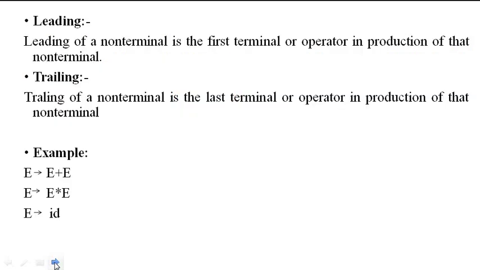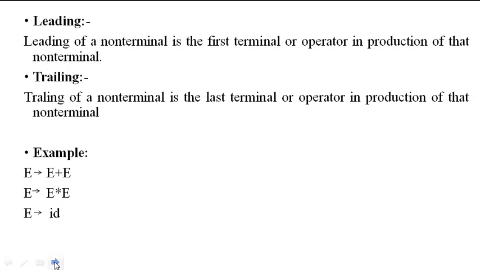For operator precedence grammar, you have to find leading and trailing of non-terminals. So what is leading? How to find leading of a non-terminal or trailing of a non-terminal? Leading of a non-terminal is the first terminal or operator in the production of that non-terminal, and trailing of a non-terminal is the last terminal or operator in the production of that non-terminal.